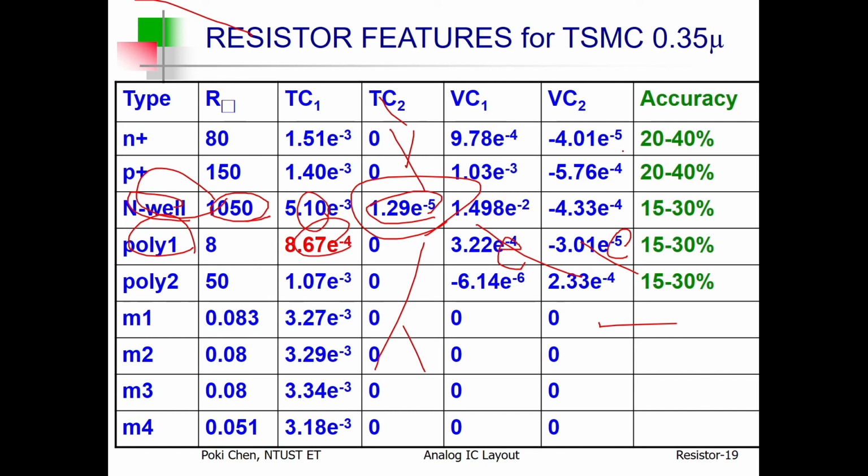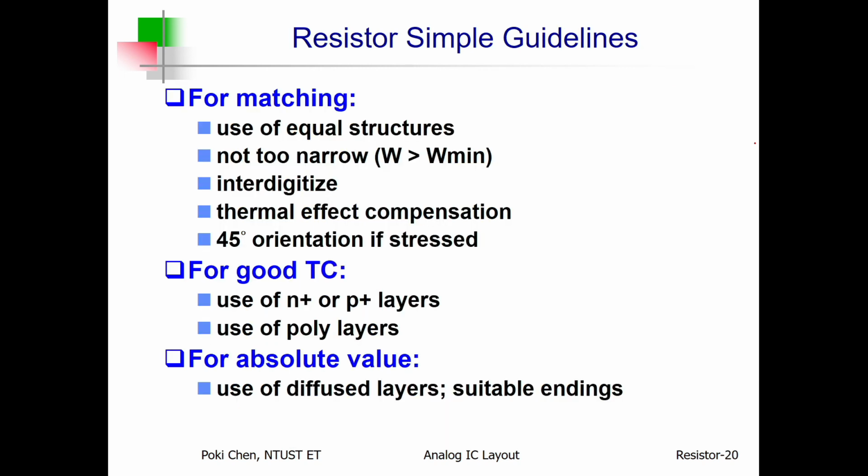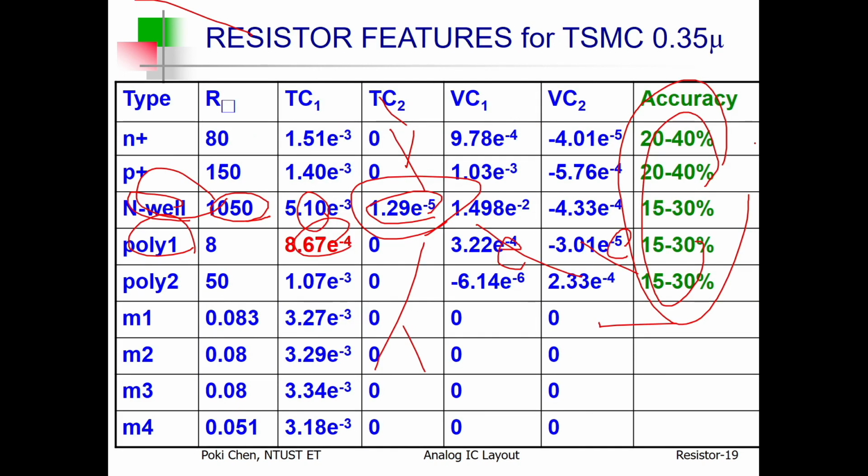About the accuracy, for your reference, I have no idea whether the accuracy is correct or not. If you are curious like me, please go back and read the technology files by yourself.